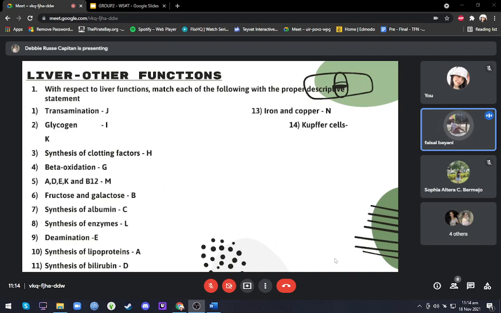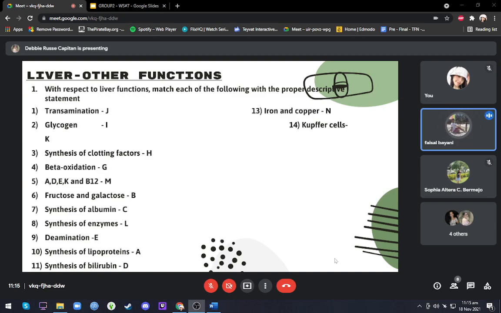Liver, other functions. Number 1, with respect to liver functions, match each of the following with the proper description statement. Number 1, transamination. Our answer is letter J. Number 2, glycogen.